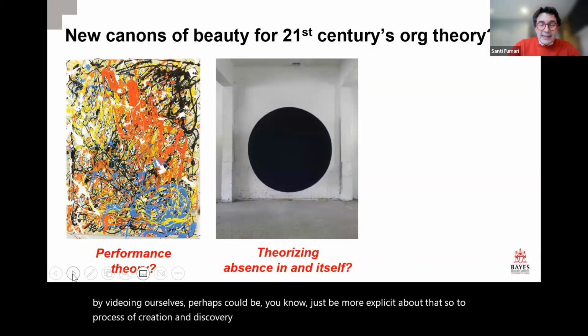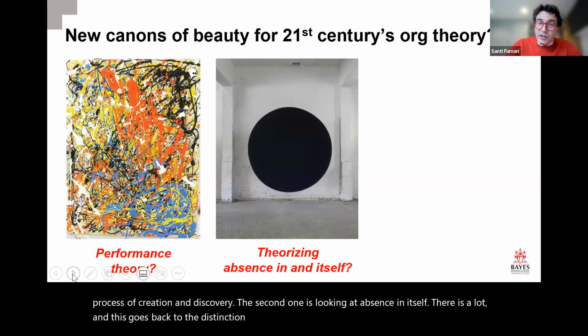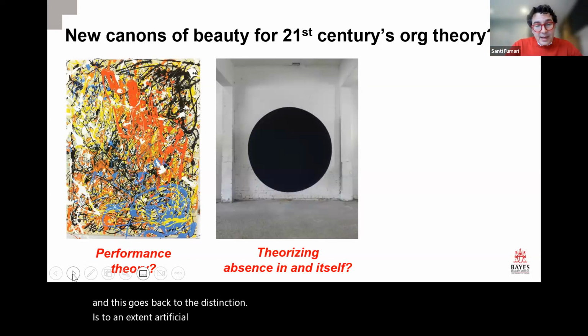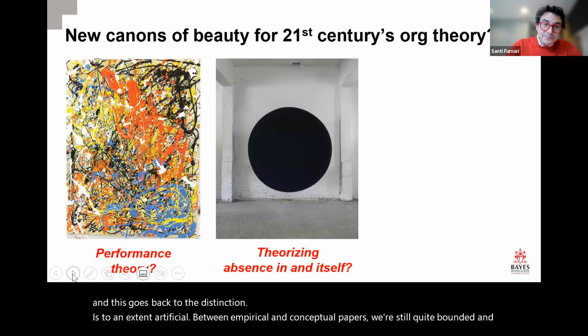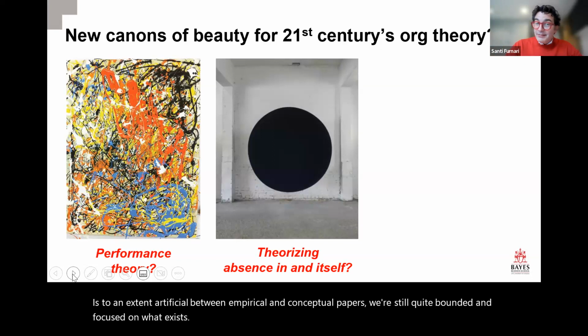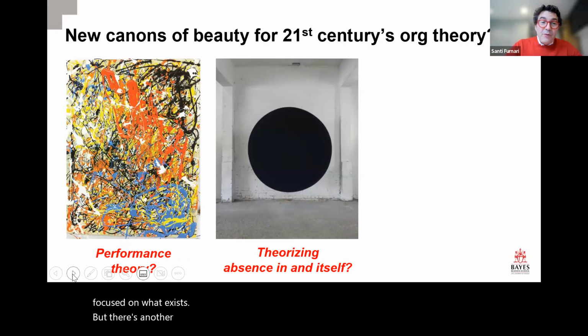The second one is looking at absence in and of itself. There is a lot, and this goes back to the distinction that is to an extent artificial between empirical and conceptual papers. We're still quite bounded and focused on what exists. But there is another logic, the logic of possibility and plausibility.